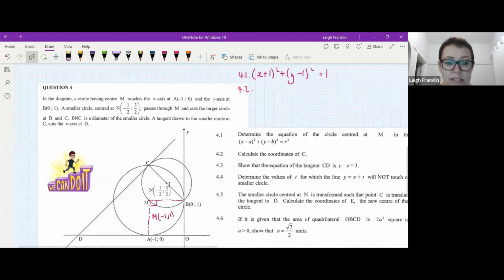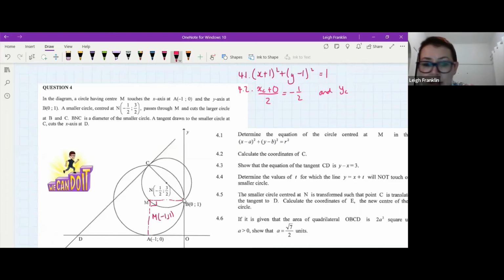They've told us that N is the center of the circle and B is a point on the circumference. So now we're going to have to work backwards using the midpoint formula. So the x at C plus 0, over 2, is equal to -1/2.